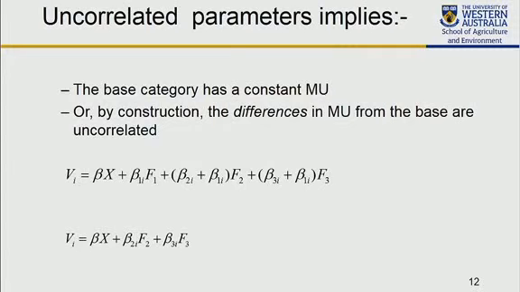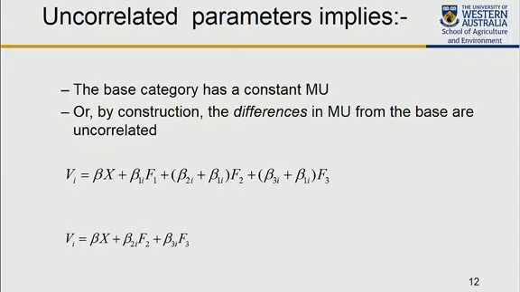So now I'm back to uncorrelated betas in the estimation. So you could ex post rationalize why you've used uncorrelated random parameters by saying either, well, the beta 1 is fixed, or by construction, the differences in marginal utility are uncorrelated.